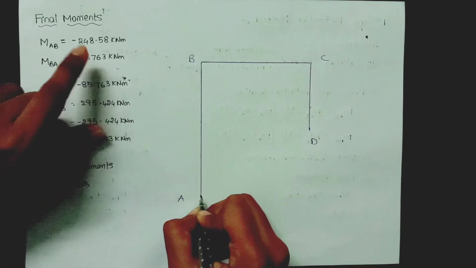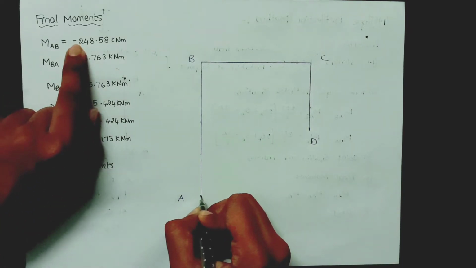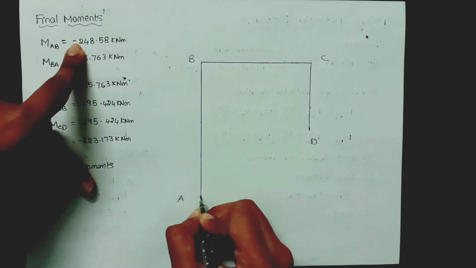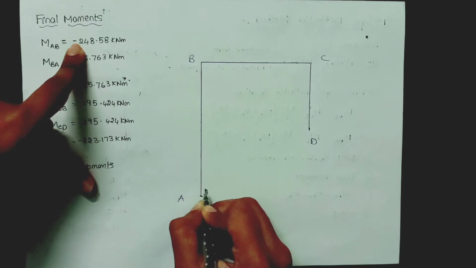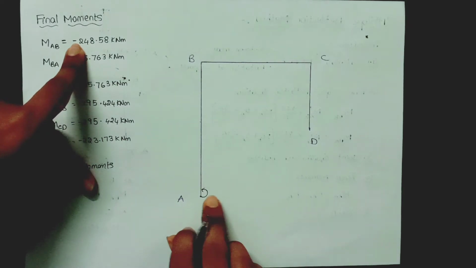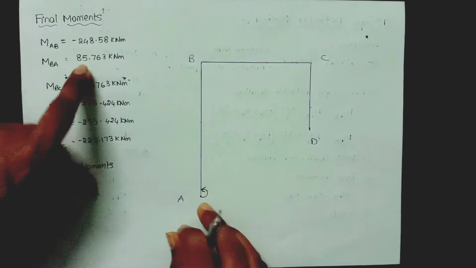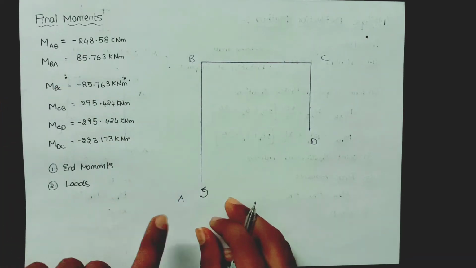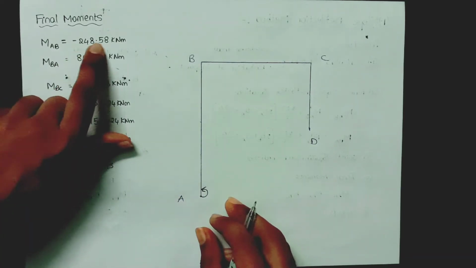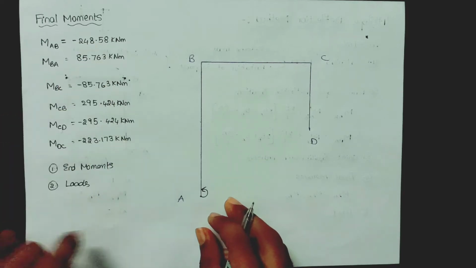Since the negative indicates the anti-clockwise direction, from this point I am drawing in the anti-clockwise direction. You can see here the arrow is indicating towards the left side, so I have to draw a line with this magnitude in the left side direction.